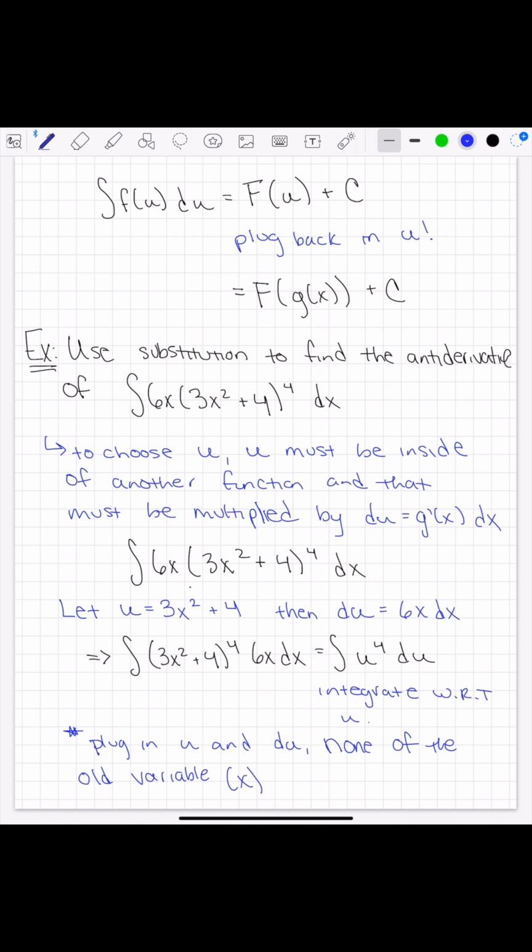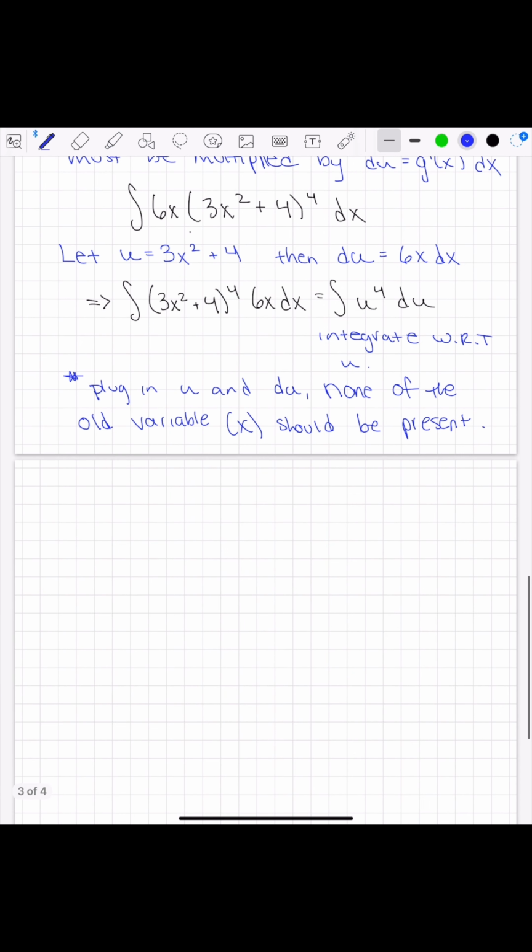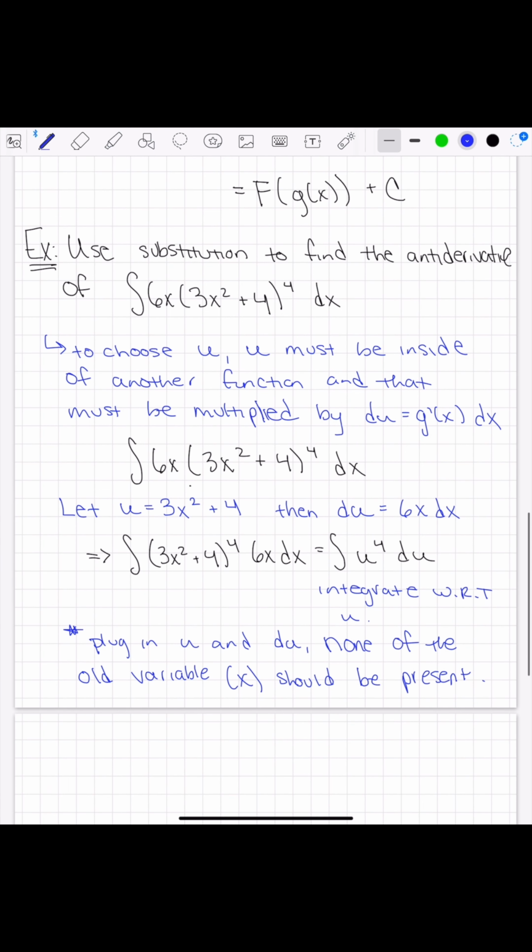So if you ever plug in your u and du and you still have x's left over, that means you chose a wrong u. So if you do, you need to revise your choice.